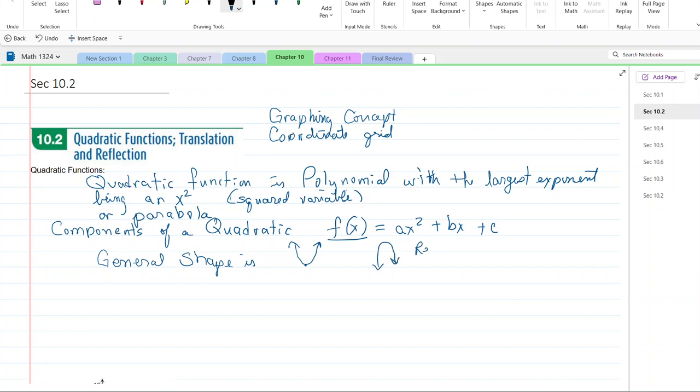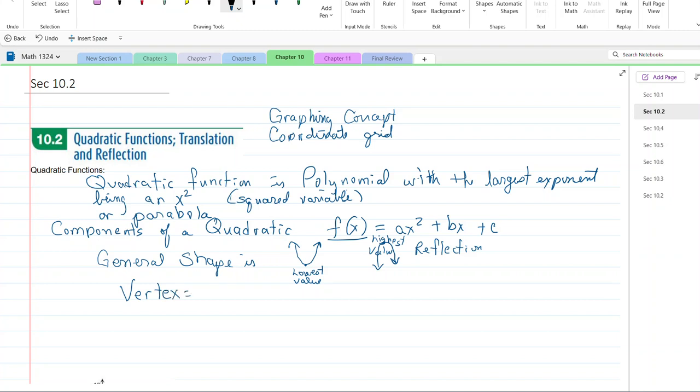This is a reflection. This is a standard form. All right. So this part right here can be either the lowest value or the highest value. And that's known as a vertex.